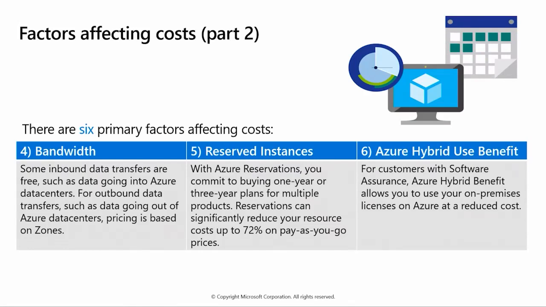Some of the ways that you can save money, first is with your reserved instances. With Azure reservations, we'll take a look at this when we go to the pricing calculator, but essentially you can commit to whether you want to basically prepay for a 1-year or a 3-year plan for your products. And essentially this can have a massive savings. I've seen it up to 70 something percent.